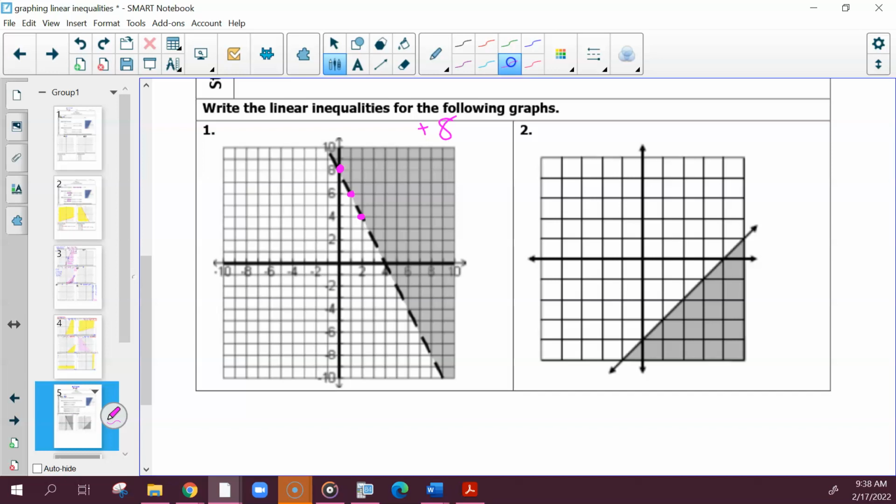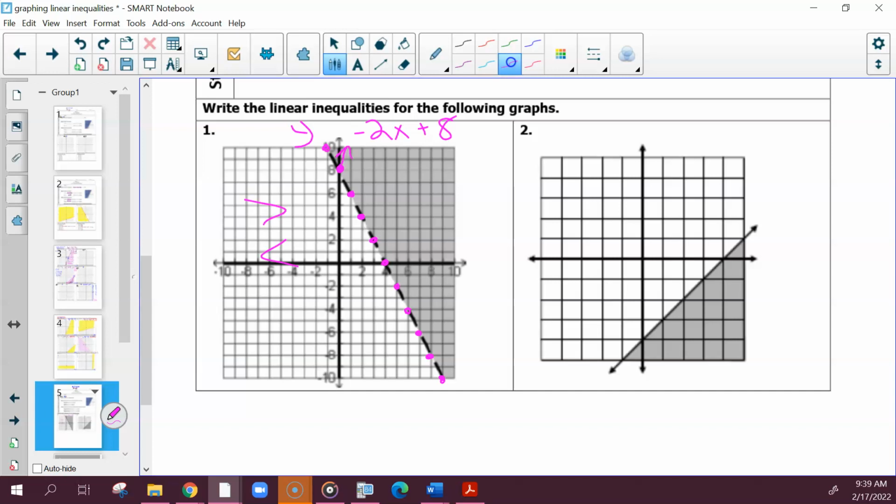So if I keep going down 2 to the right one, and then up 2 to the right one, the shading is not going past that, so I can say that is my slope, -2. So we know this much. It is a dashed line, so it has to be strictly greater than or strictly less than.